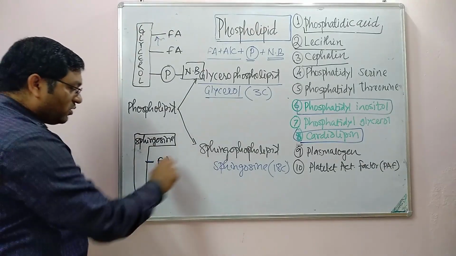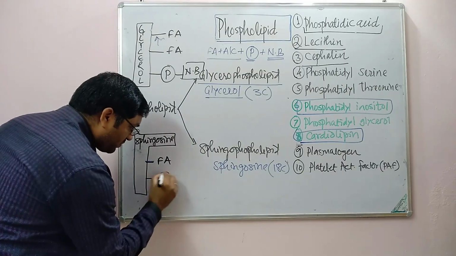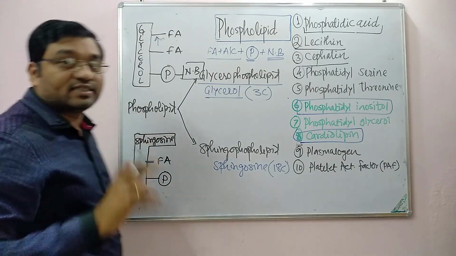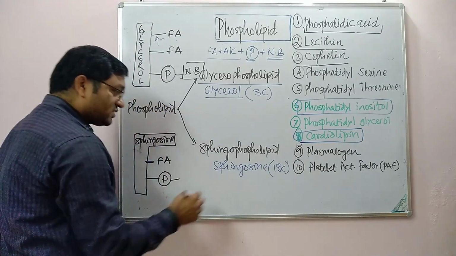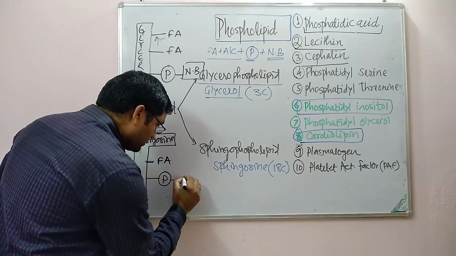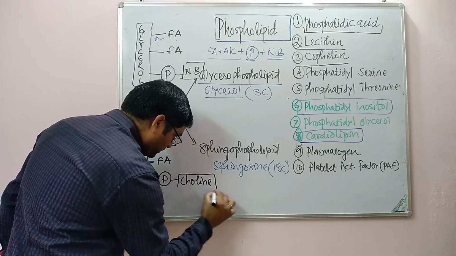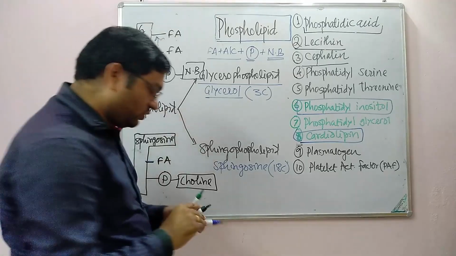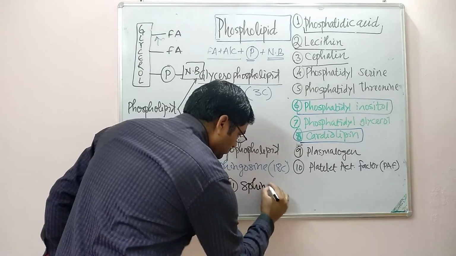In sphingophospholipid the linkage is amide linkage. There is phosphate or phosphoric acid as it is a type of phospholipid, and to this phosphate there is attachment of a nitrogen base. In sphingomyelin the nitrogen base is choline. The only example is sphingomyelin.